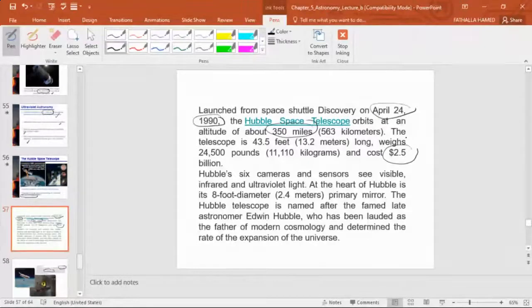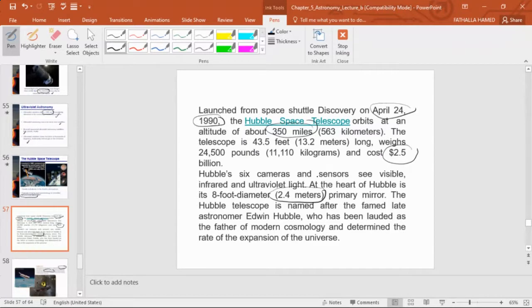The mirror in the Hubble telescope is about 2.4 meters. It's not as big as the ones that we have here on the Earth, which get to 11 meters and so on, but this is something that you want to put in space.